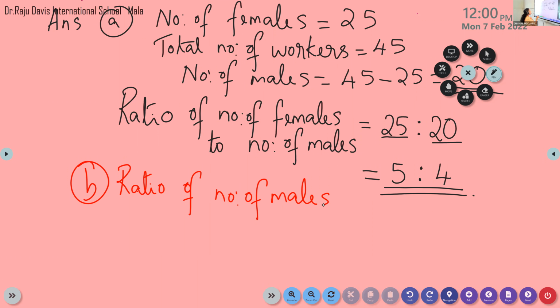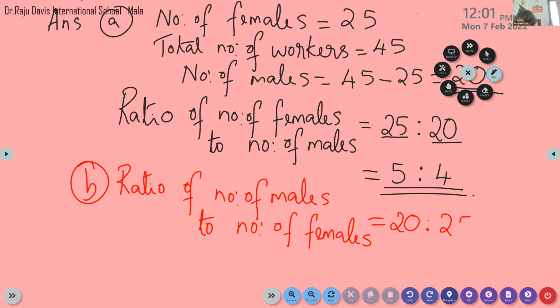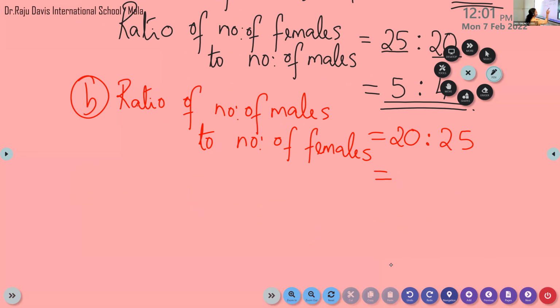Number of males to number of females. So children, the males number is 20. That you have to write first. Then comes the females, 25. So again, divide by 5, means 20 divided by 5 will get 4 is to 5.